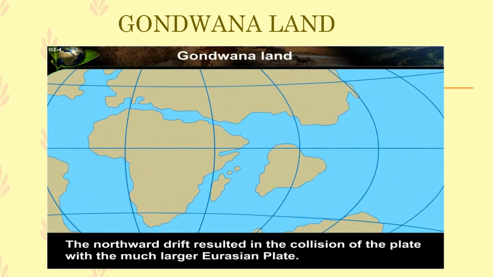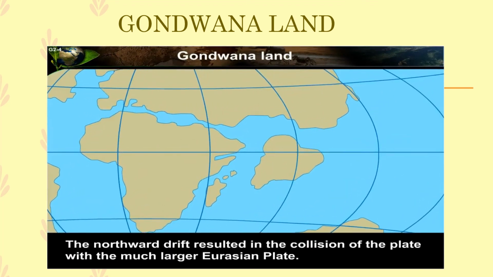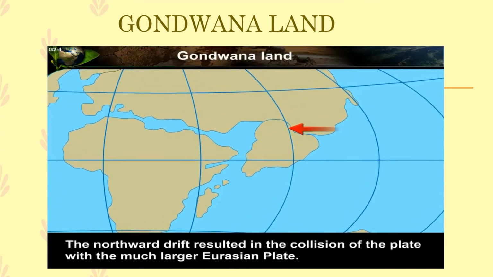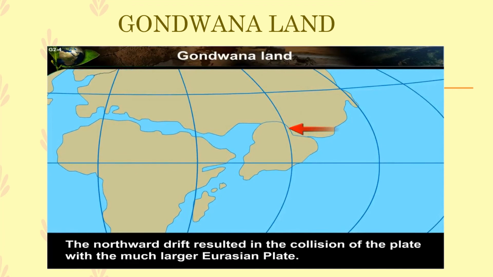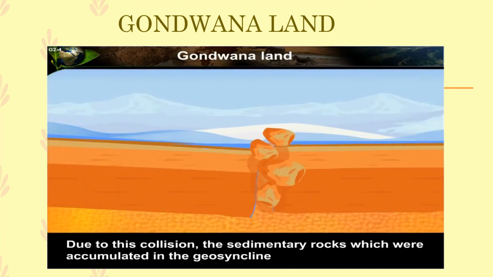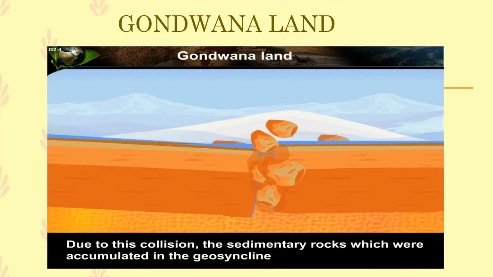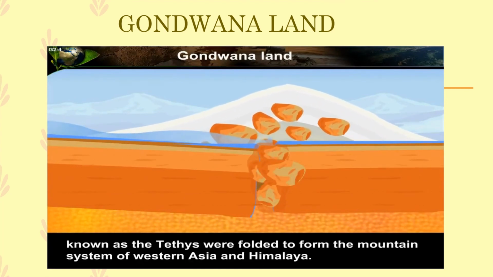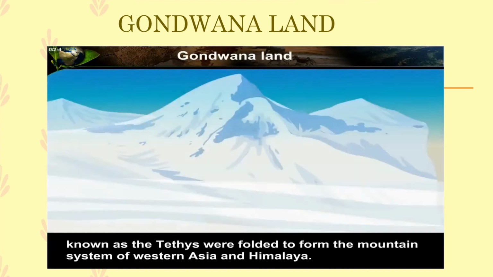The northward drift resulted in the collision of the plate with the much larger Eurasian plate. Due to this collision, the sedimentary rocks which were accumulated in the geosyncline known as Tethys were folded to form the mountain system of Western Asia and the Himalaya.